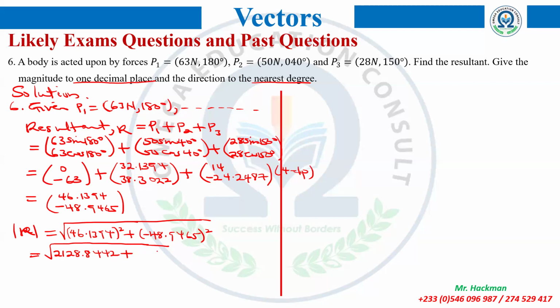You are squaring the whole of this, negative squared. Someone should give us the value. 2395.7598. I hope you did the right approximation.